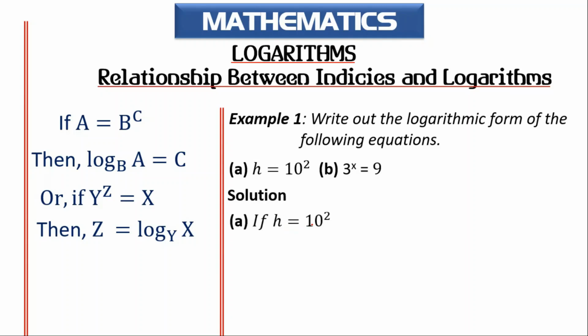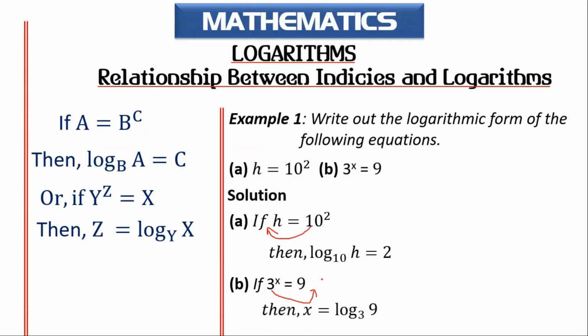Don't forget, this 10 here is what will come here, and you have log h to base 10 equals 2. Similarly, 3 raised to power x equals 9. Of course, in this case, it is the 3 that will come to the other side to become the base. So therefore, x will be equal to log 9 to base 3.